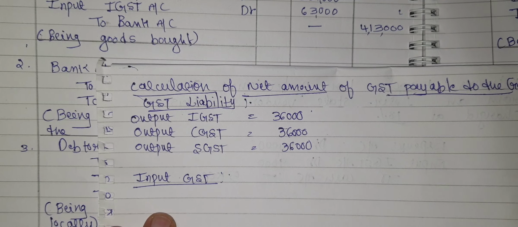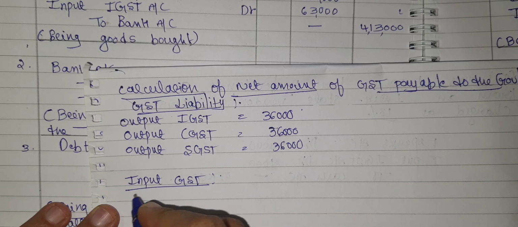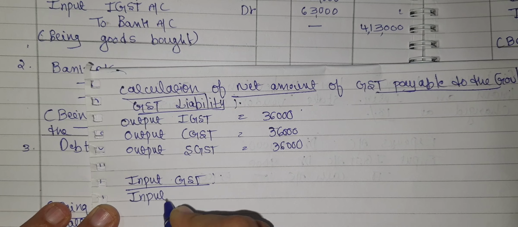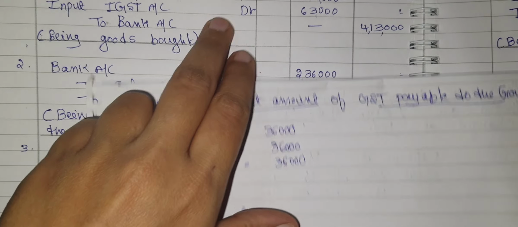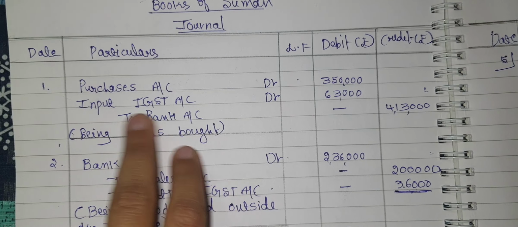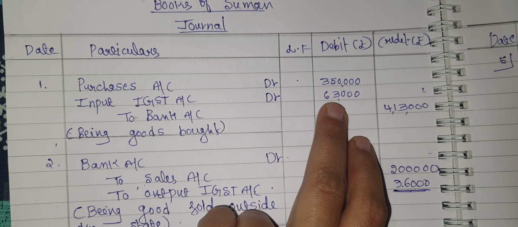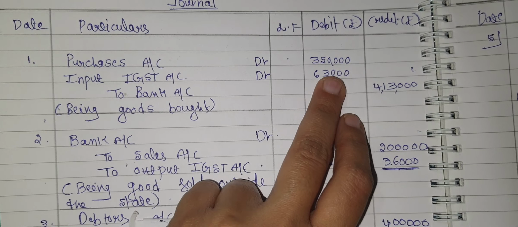So input GST is: input IGST, which means the tax paid on purchases, that is rupees 63,000.